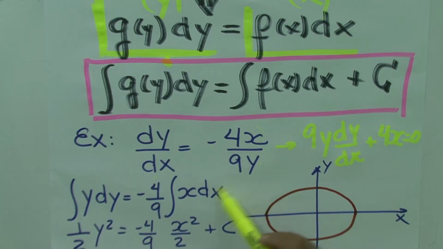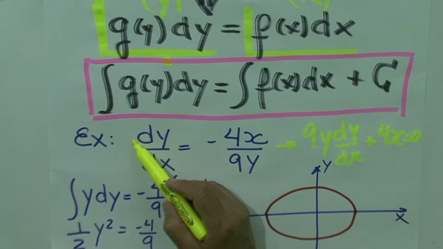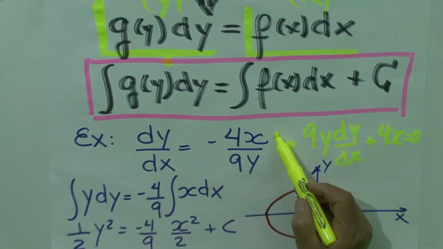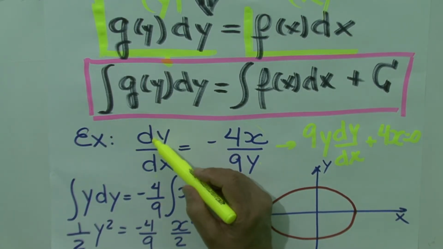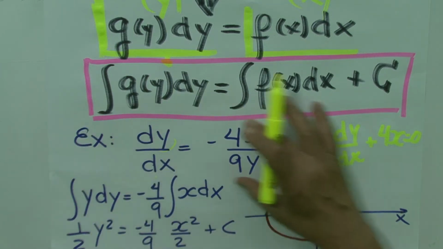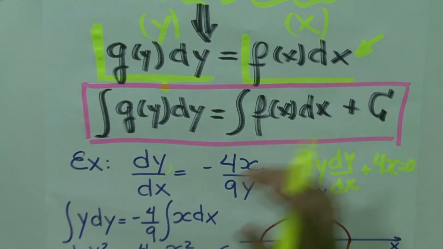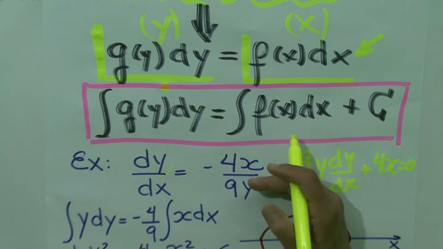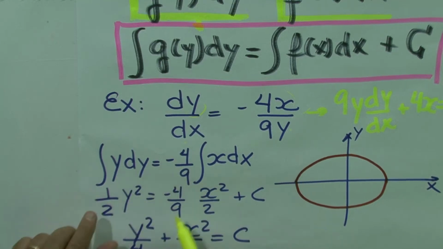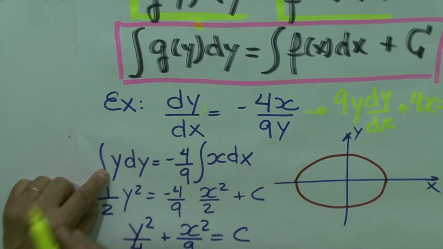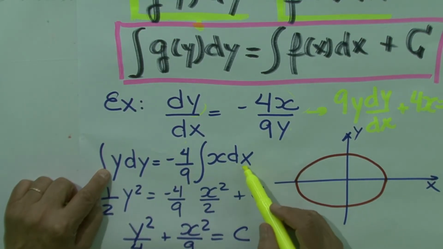But I left it this way because it's clear that if I multiply by the dx here, I still have a relation between the variations of y and x, but now expressed in a single sentence. Everything that's x will be on one side, everything that's y on the other side. When I do that, of course, I get y times dy equal to minus 4 over 9 x times dx.